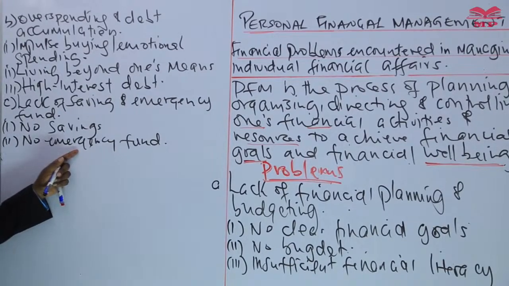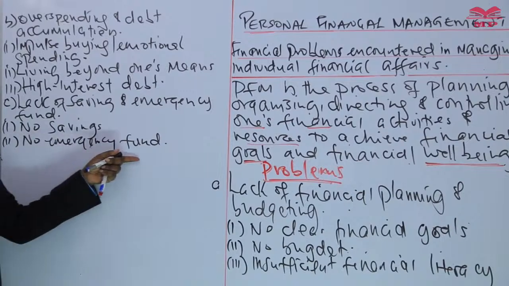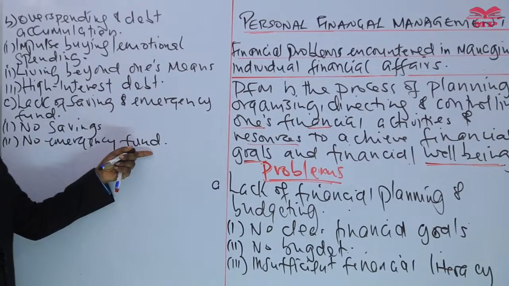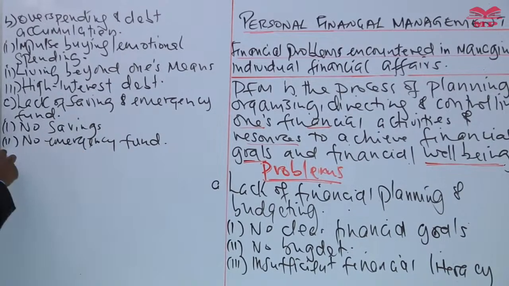So it is advisable, candidates, that if you have an income, make sure that there is a certain percentage of your income that goes into an emergency fund. This is a fund that individuals may use in times of emergencies. Do you understand?